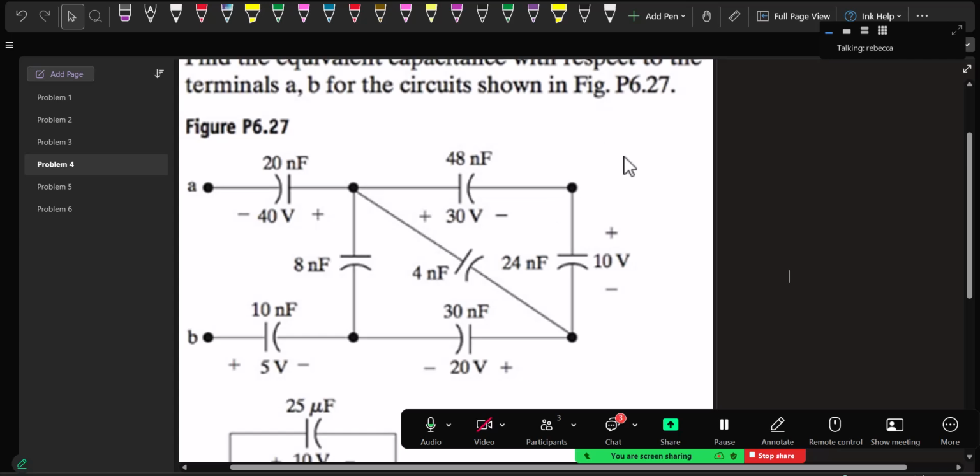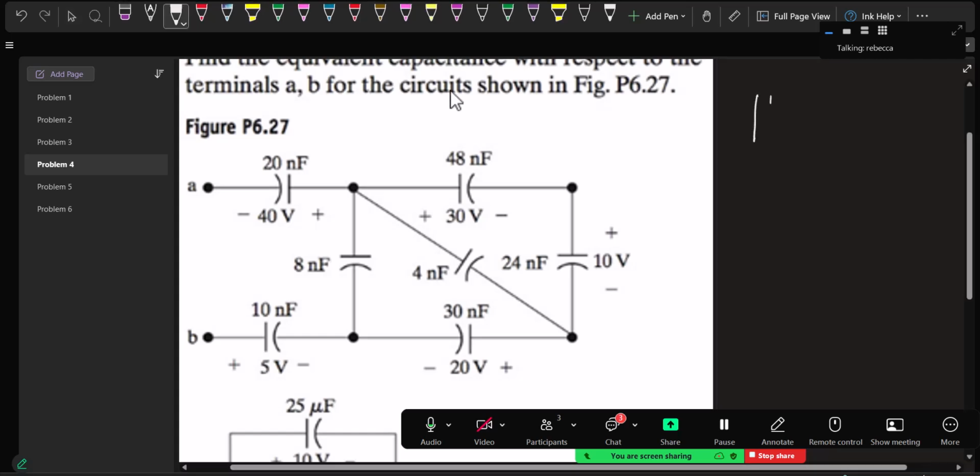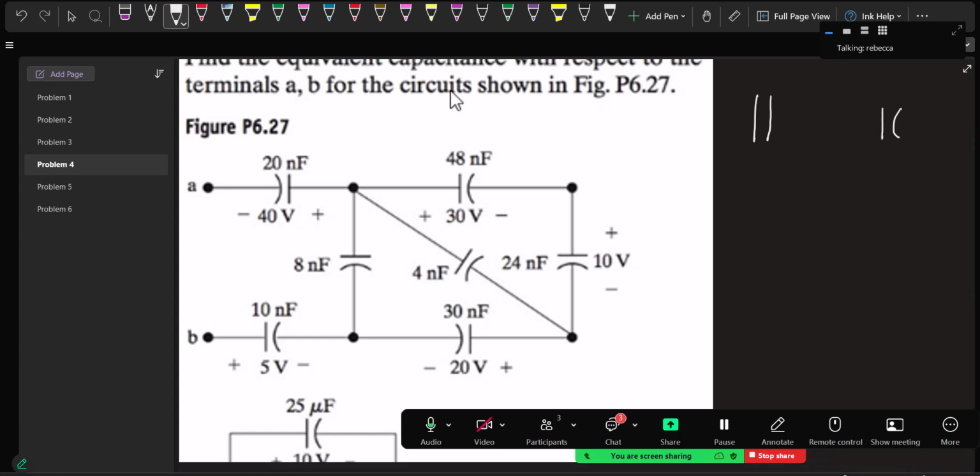Oh, sorry, there are no voltage sources. It's not a voltage source, it's just showing what the voltage is across that capacitor. These are all capacitors. That's one way to show a capacitor, with the two straight lines. The other way is with one straight line and one curved line, with the plus, the straight line being the positive side. The Circuits 2 instructor likes to do them with the curved line.